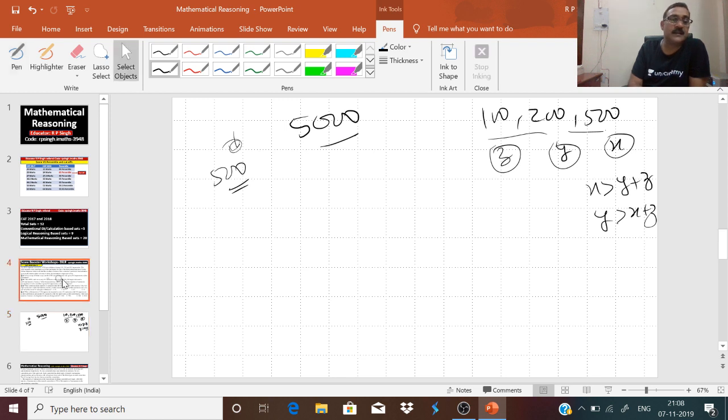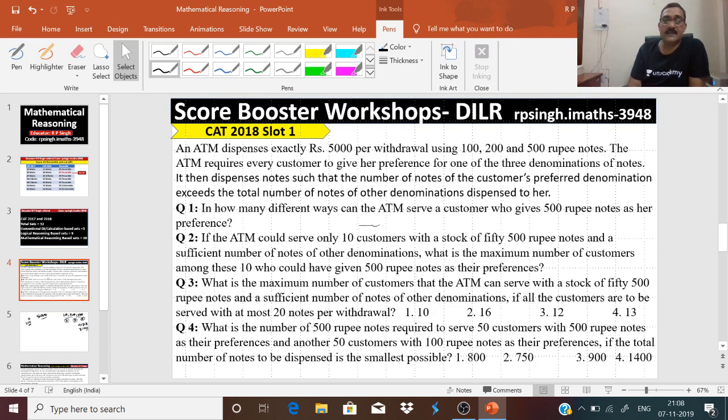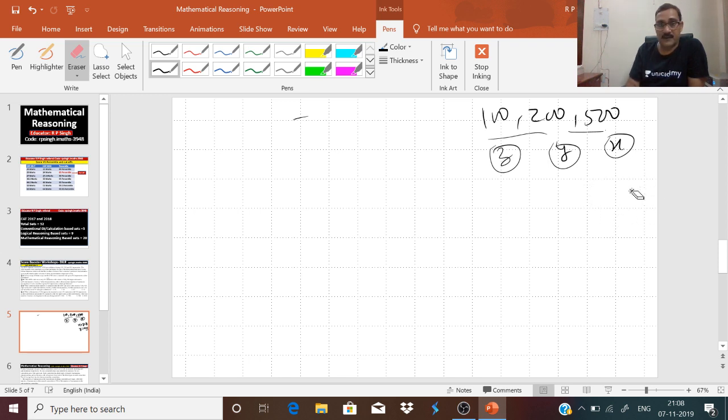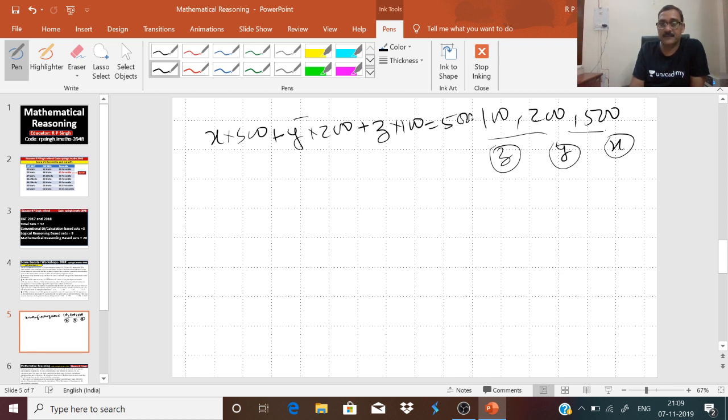So what is the first question? In how many ways can the ATM serve a customer who gives 500 rupee notes as preference? Total 5,000 he has to dispense. So suppose X notes of 500, Y notes of 200 and Z notes of 100, so X into 500 plus Y into 200 plus Z into 100 is 5,000, right guys?